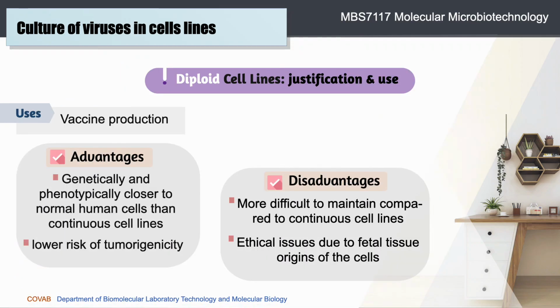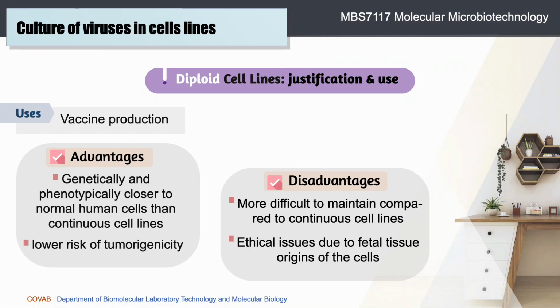We are still on the diploid cell line, and now we are going to justify their use. They're used in vaccine production, and they have the following advantages. They are genetically and phenotypically closer to normal human cells than the continuous cell lines, so they would give us a simulated natural environment.